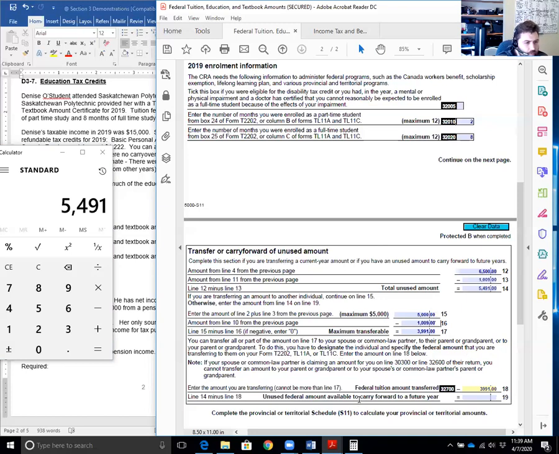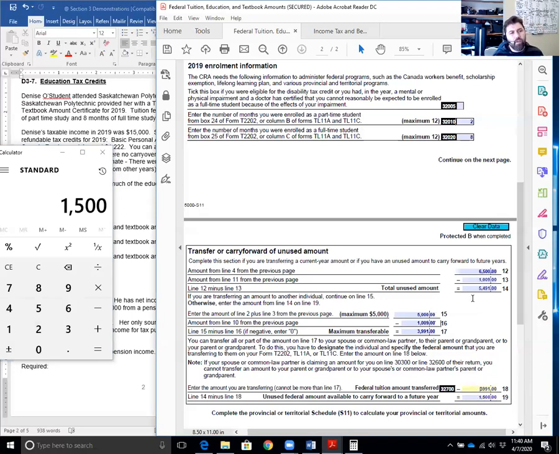Unused federal available amount to carry forward to the future. So we've used $1,009. Our parents are going to use $3,991. We had $6,500, and we're going to be left with, so $5,491 minus $3,991, a nice even $1,500.